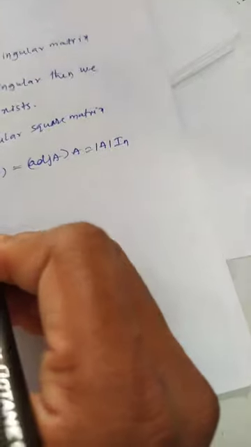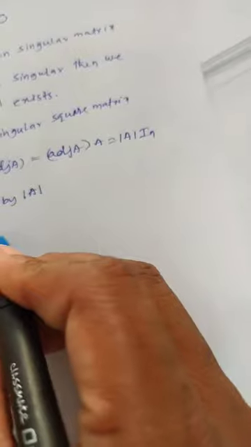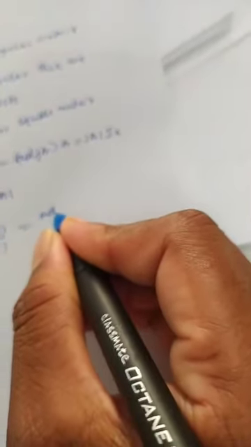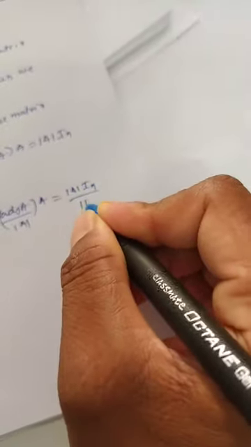So here I am dividing this equation by det A. What will you get? A into adjoint A by det A is equal to adjoint A by det A into A, equal to det A In by det A. Det A cancels here.